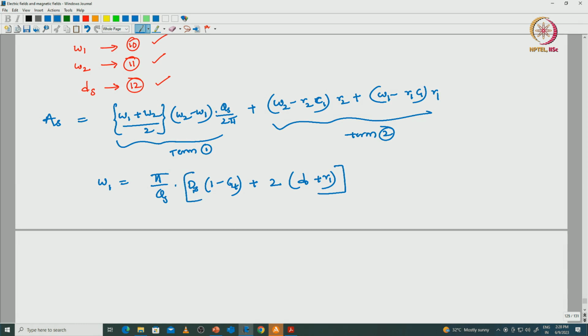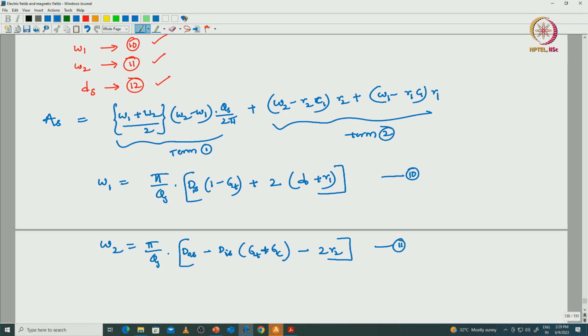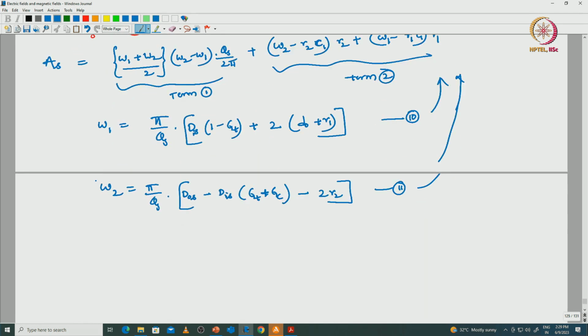This is the equation for W1, and the equation for W2 is pi by Qs into d naught s minus dis into gt plus gc, minus 2 into r2. This is with respect to equation 10 and this is with respect to 11. Those 2 equations we are substituting in the area of the slot equation.